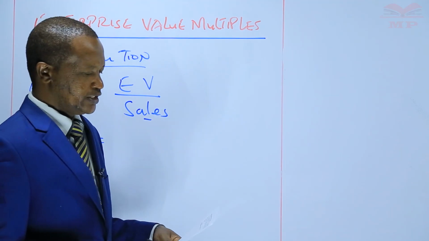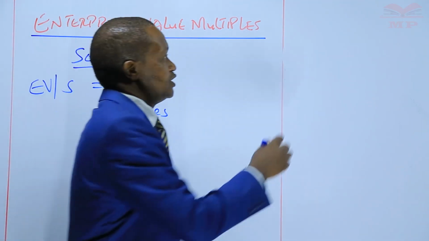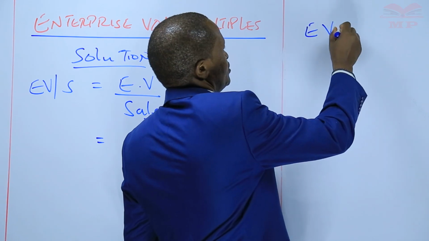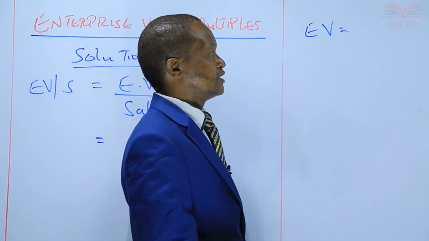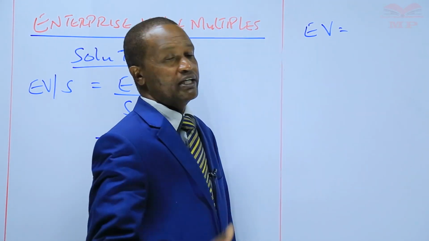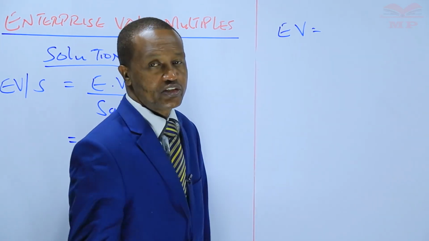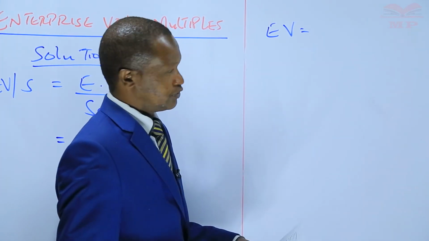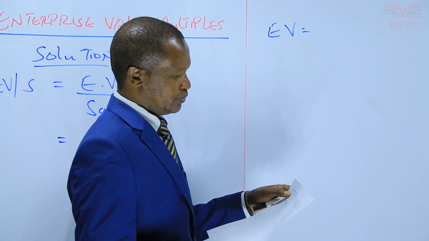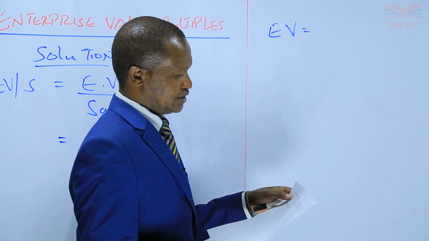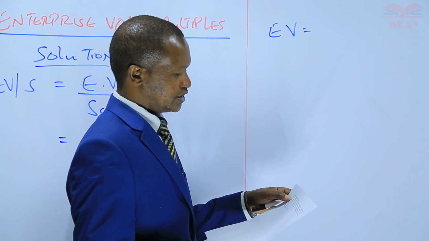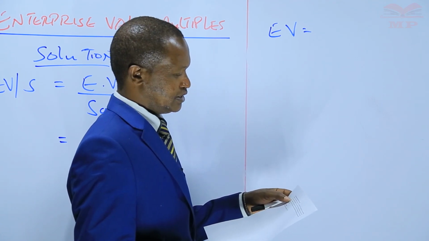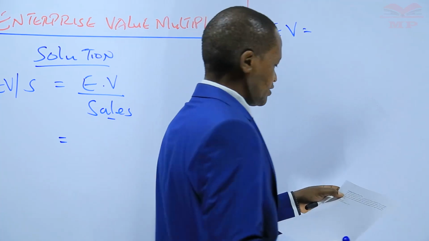Then how do we determine the enterprise value? Candidates, we know that enterprise value is equal to the market value of ordinary shares plus the market value of preference shares plus the minority interest minus the cash and investments. From this question, we can read that the total market value of the company's equity was 6,995.1 million.